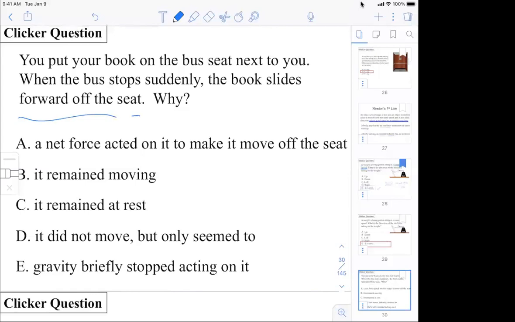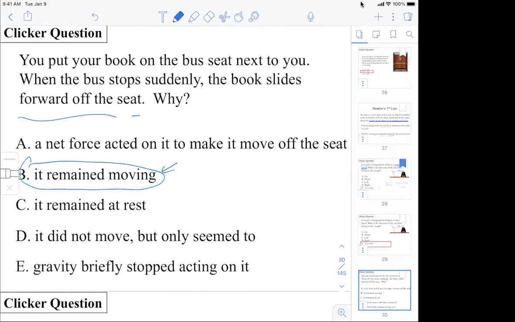The bus has changed its motion because there is an external force decelerating the bus. But because of Newton's first law, an object in motion will remain in motion. So it simply remained moving. That's how you answer the question.